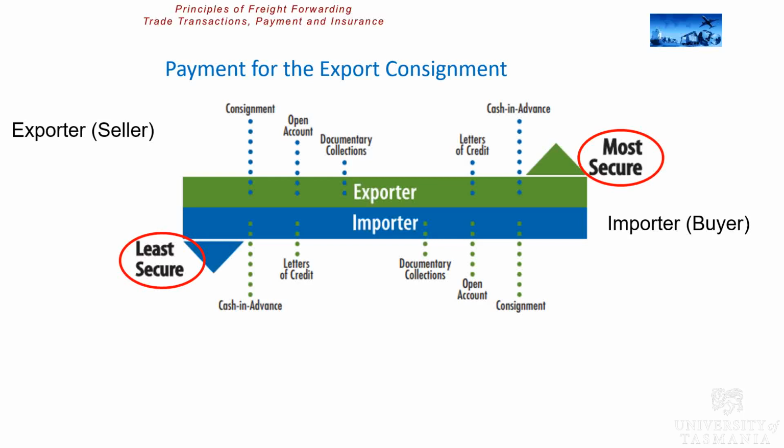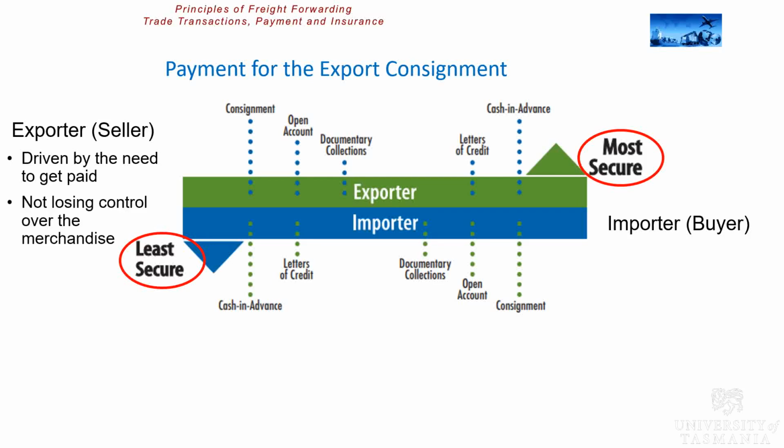So if we consider both parties sitting down at the table, considering how they're going to deal with the payment decision, we know that the exporter, what's driving them is the need to get paid. So in a perfect world, they would like to get paid before the goods actually leave the premises, because they have got a level of anxiety over not losing control over the merchandise.